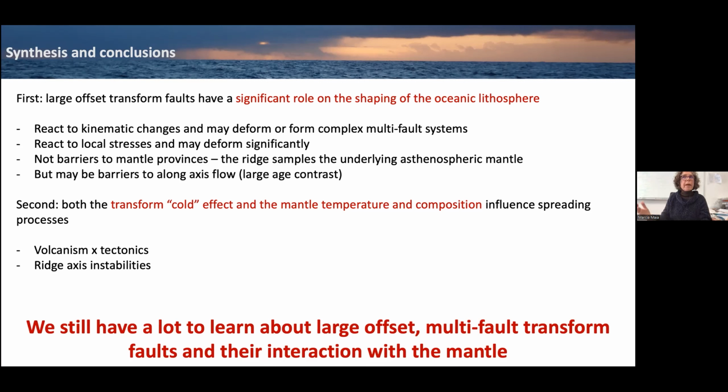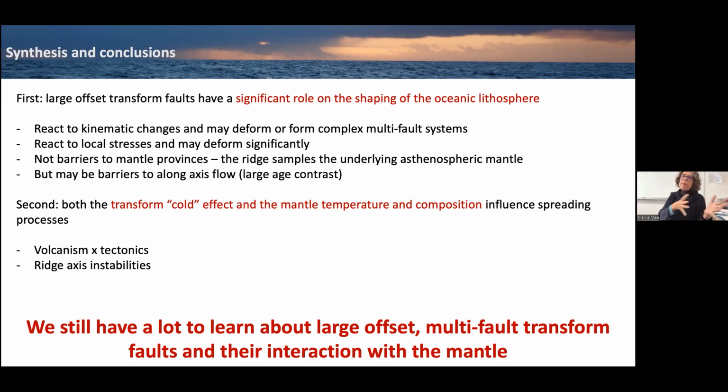They are not barriers to mantle provinces. We see that the transition between a more fertile mantle in the north and the less fertile mantle in the south is actually inside the transform fault system, and that's not directly related to the transform faults themselves, or to the length of the offset.